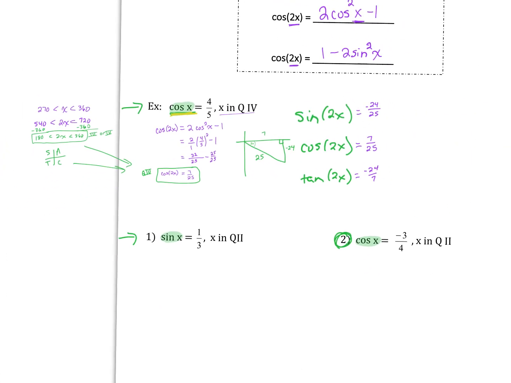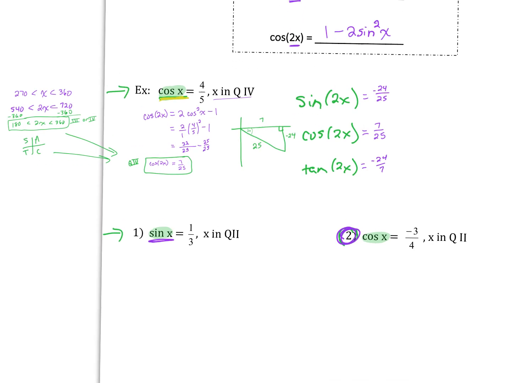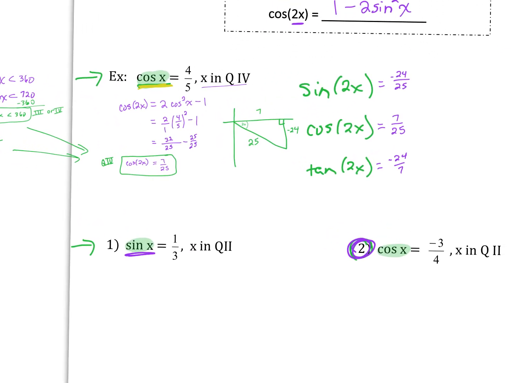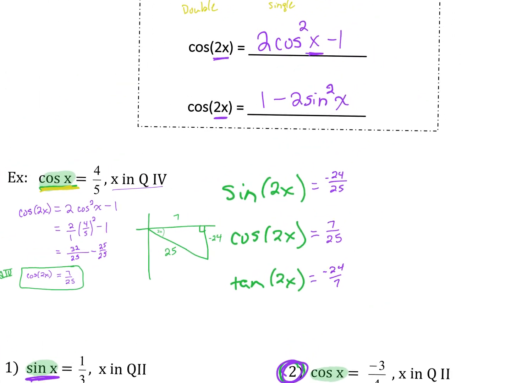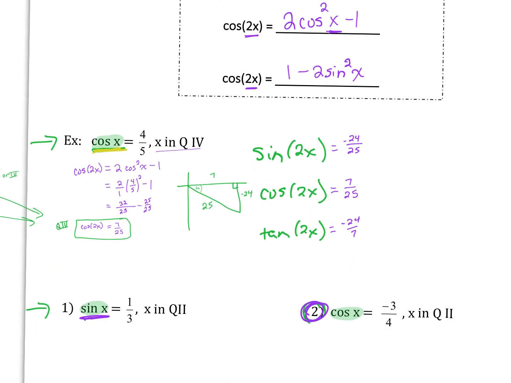All right, I'll put this one online, but I want to show you an example using the cosine formula, so that you can see how we use that formula, because this is a single angle, and so we have to plug into this second formula there, okay?